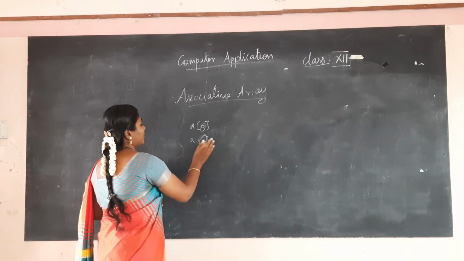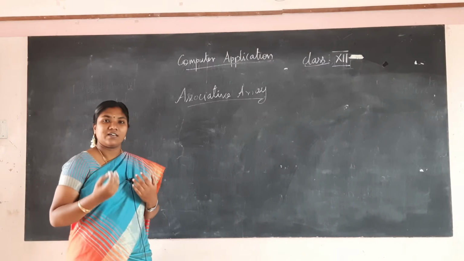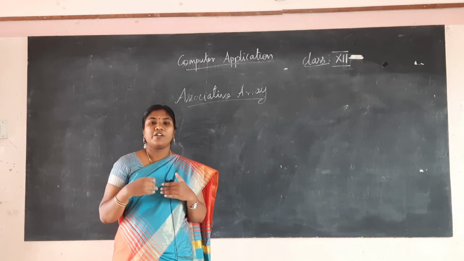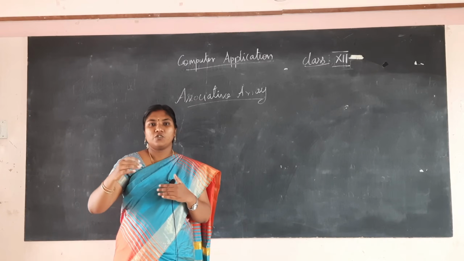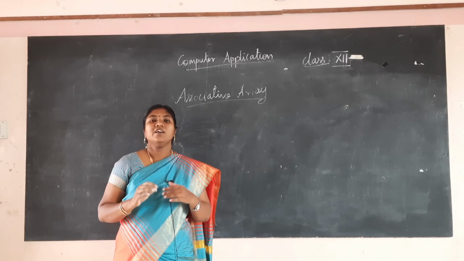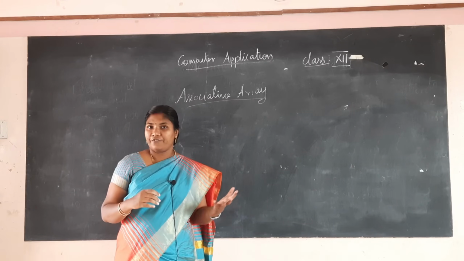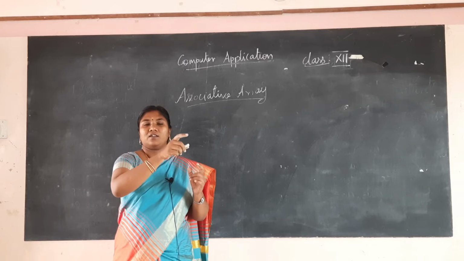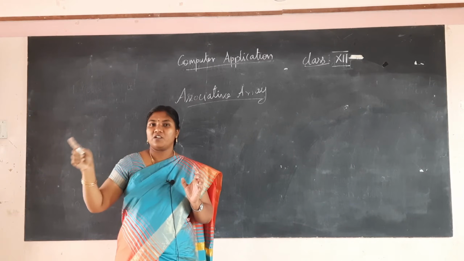Suppose in a company I want to give salaries to the workers who are working in that company. I will have a unique ID for them, so I may have 1, 2, 3. For 1 he belongs to this category, for 2 he belongs to this category.